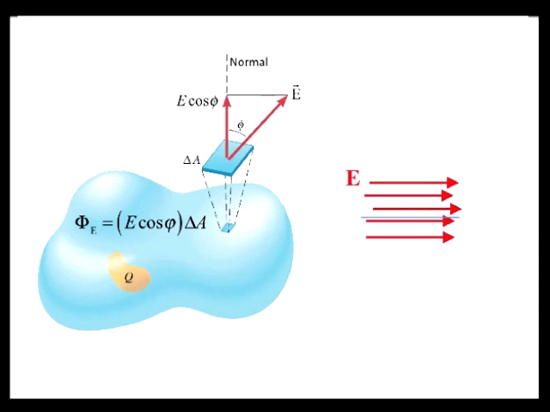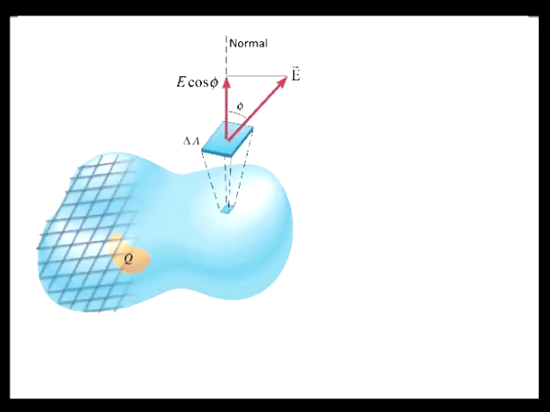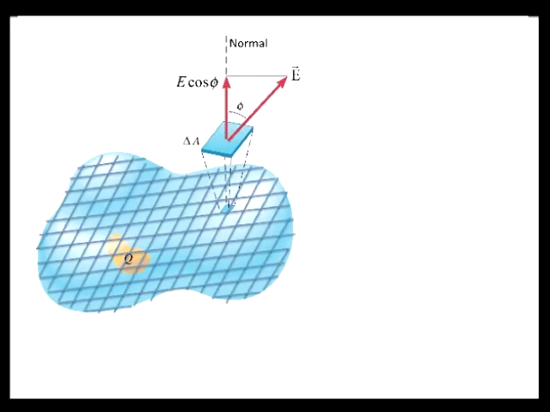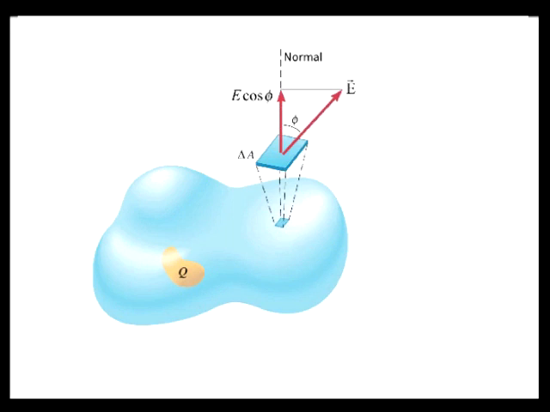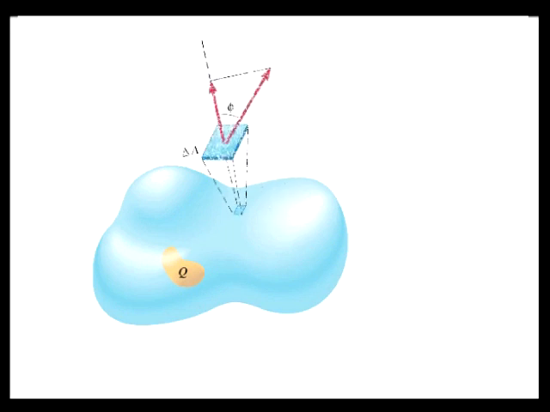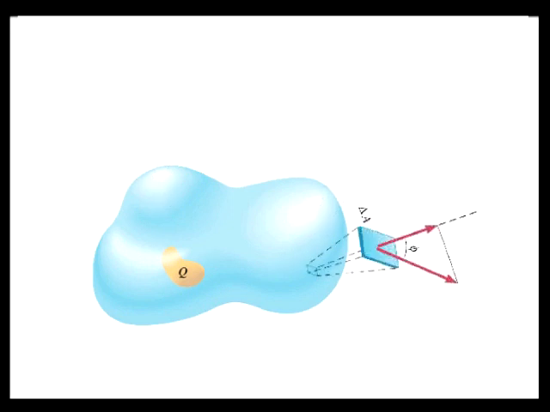How do we obtain the electric flux through the entire surface? We can divide the entire surface into many tiny sections with area elements delta A1, delta A2, delta A3, and so on. Each section is so small that it is essentially flat, and the electric field is a constant, both in magnitude and direction, over the entire element. The electric flux through any one section is then E cosine phi times delta A, as we just determined.